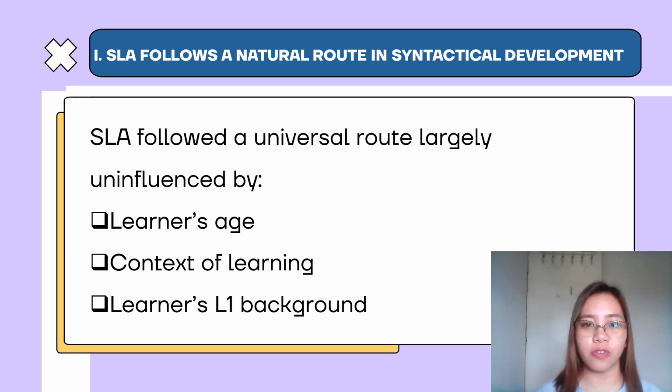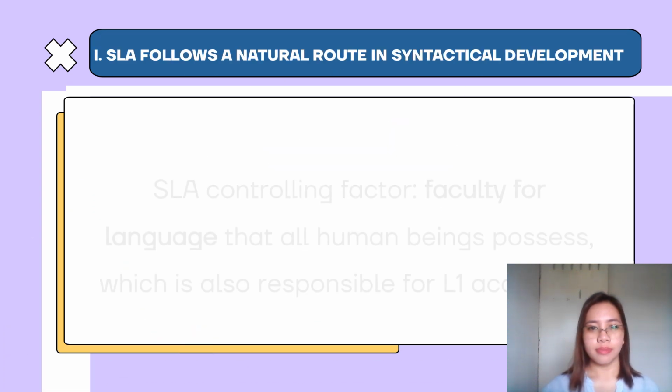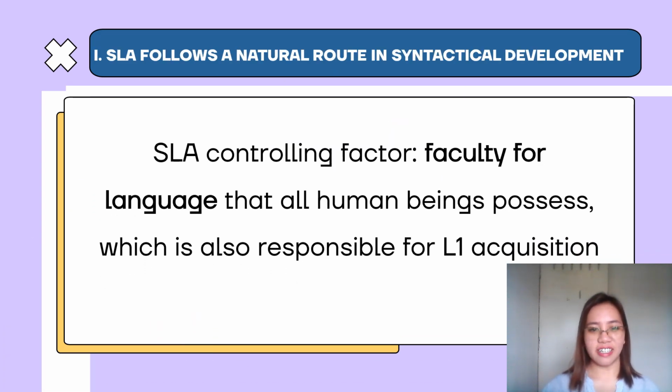So this natural route reflects the idea that language learning is an organic process that is shaped by exposure and practice. Additionally, SLA's controlling factor is the faculty for language that all human beings possess, which is also responsible for L1 acquisition.